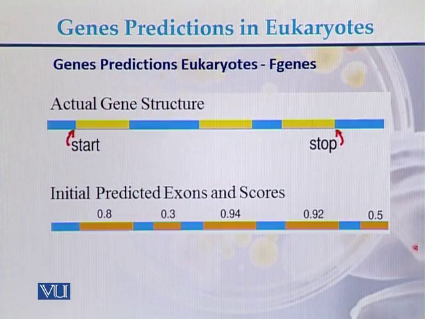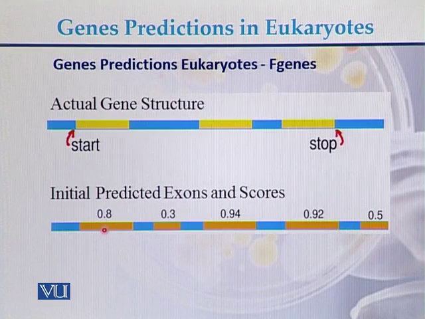This is the diagram of how FGENES identifies the genes. This is the actual gene structure: exon 1, exon 2, and exon 3. The initial prediction with the help of FGENES gives a score: here it has given 0.8 to exon 1, 0.3 to another exon that has been identified by FGENES, then another exon 0.94 and 0.92, then 0.5.